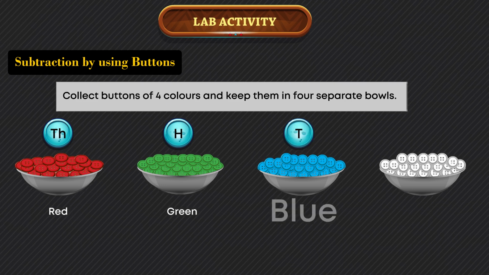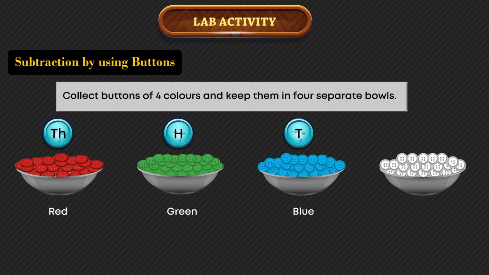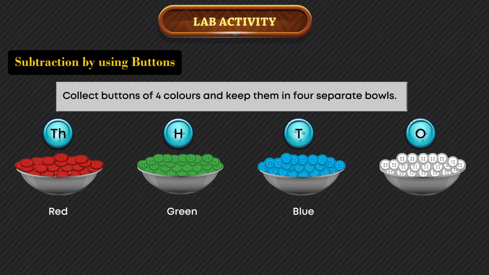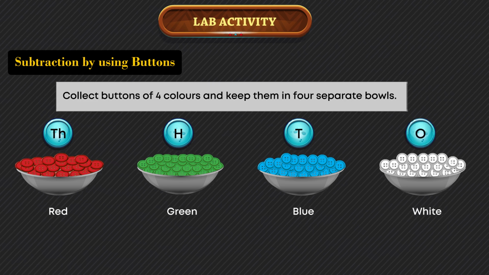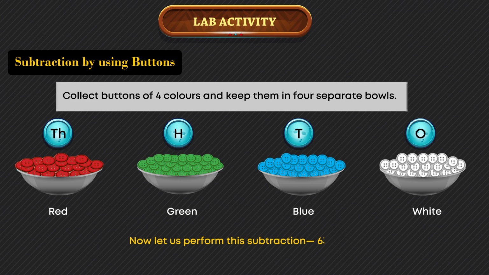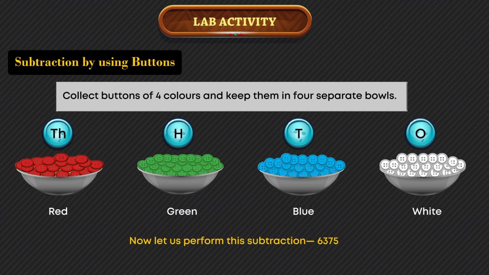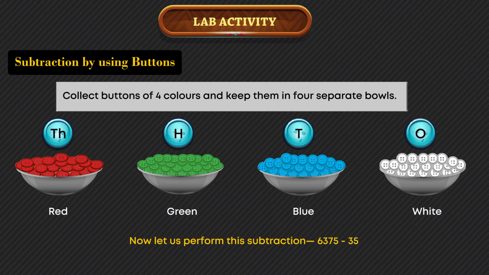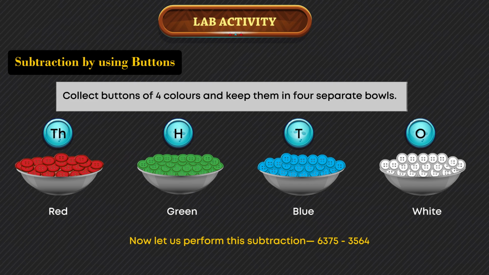Tens, blue. Ones, white. Now let us perform this subtraction: 6375 minus 3564.